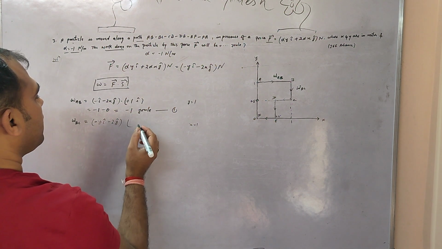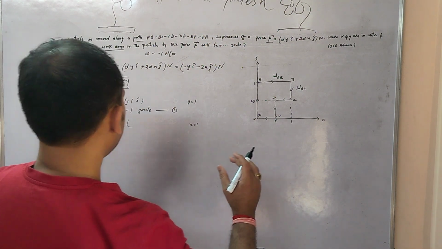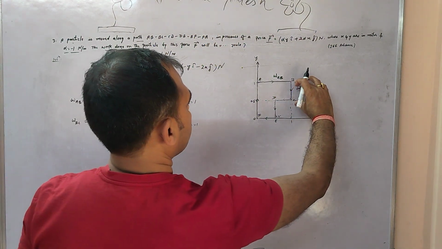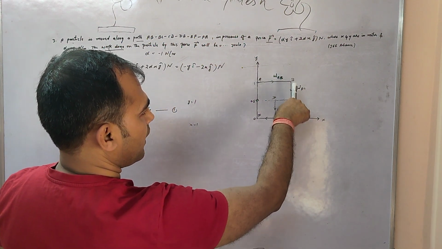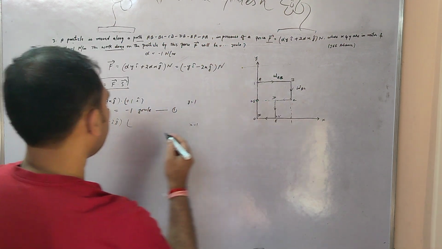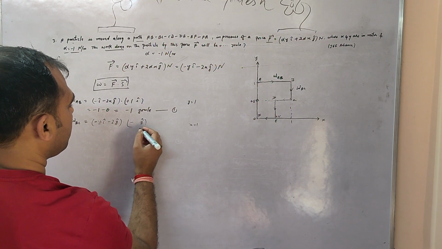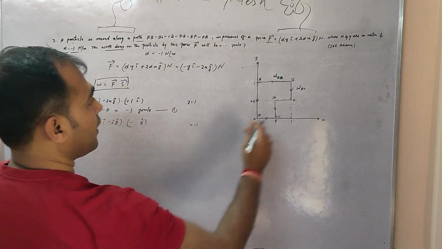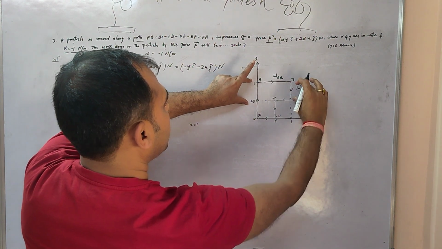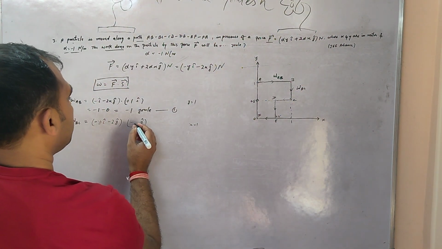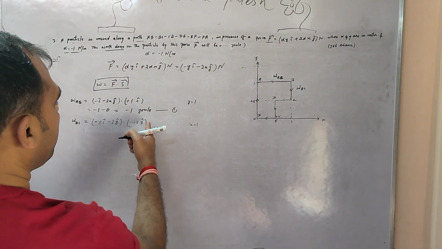dot displacement. What will be the displacement vector BC? See, this is negative direction, minus j cap, negative direction. And what will be the magnitude? This is 1 to 0.5, that is 0.5. So this 0.5, minus 0.5 j cap.